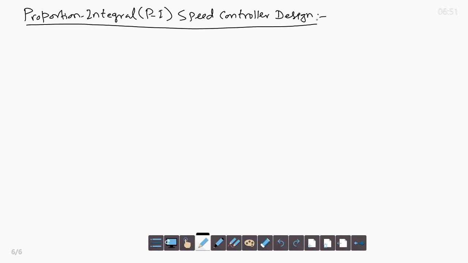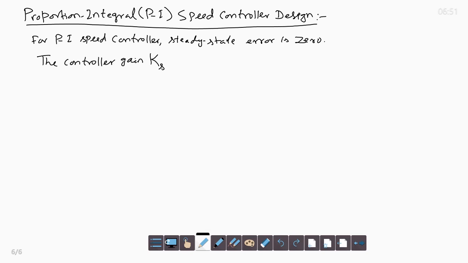Next, we will design the proportional integral speed controller, PI speed controller. For the PI speed controller, steady state error is 0, because the integral part ensures the steady state error to be 0.